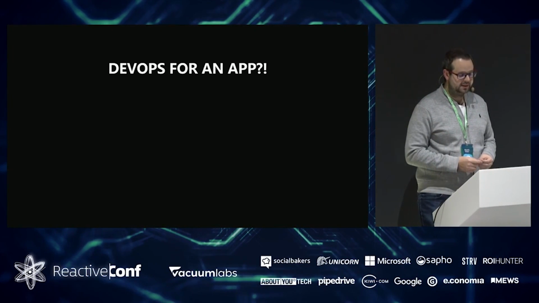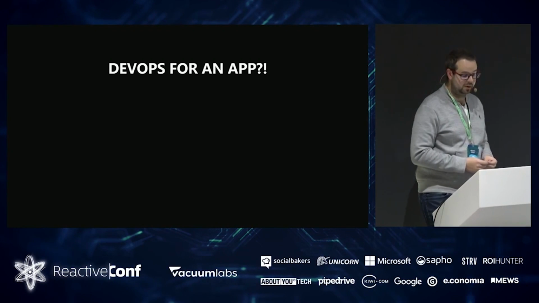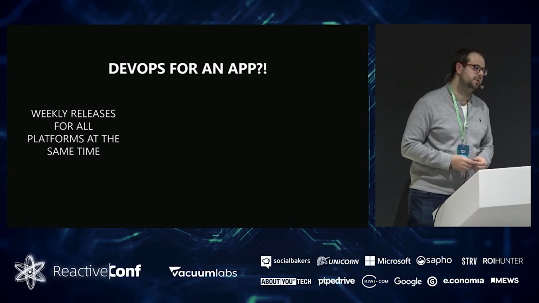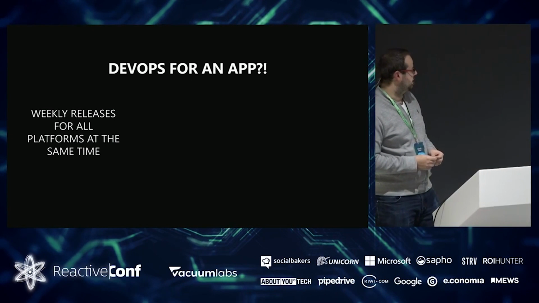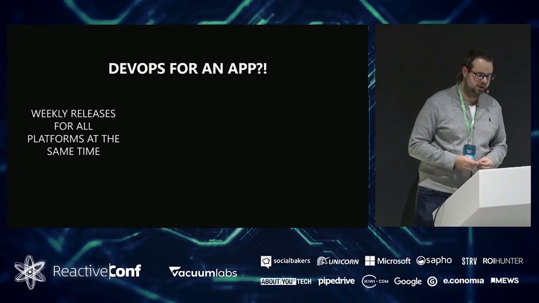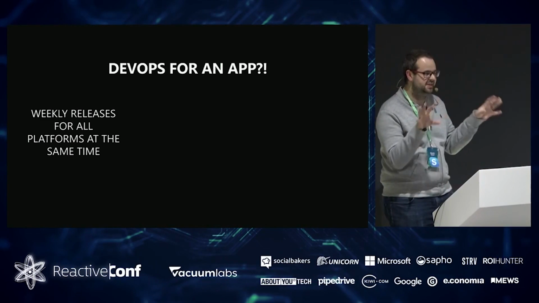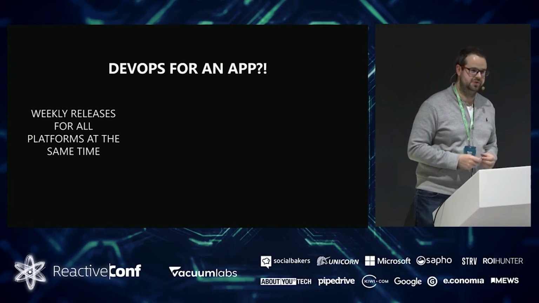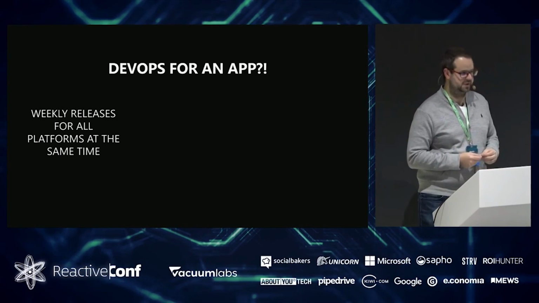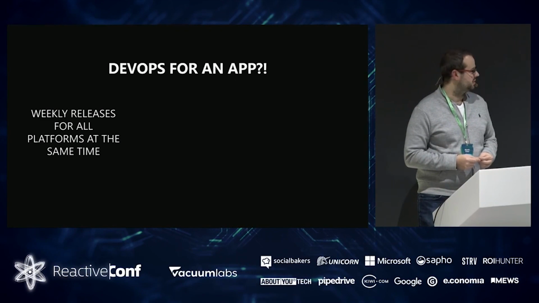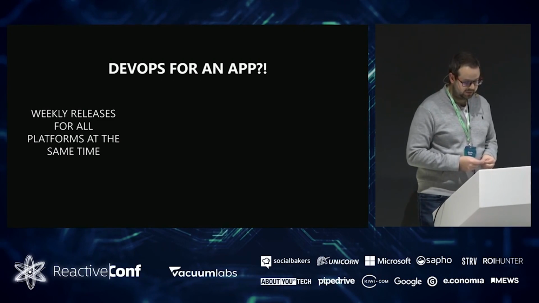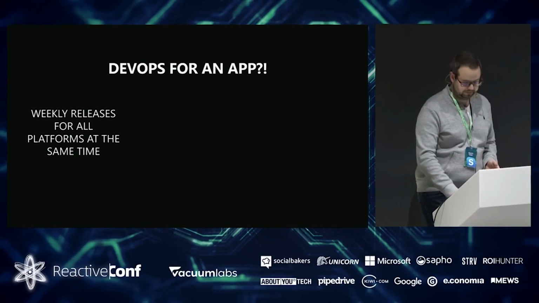But we decided to do the same for our applications as well, and the reasons are quite simple. We are actually releasing weekly. What you see in the stores or on our website is bi-weekly releases, but we are also releasing to insiders, which is kind of the people who sign up to receive dangerous pre-production versions. And those releases happen on a weekly cadence, and we release all the platforms at the same time.